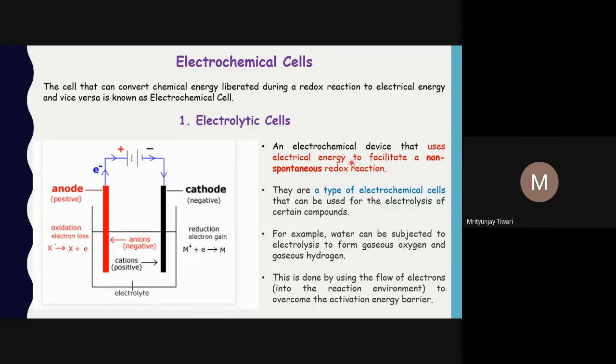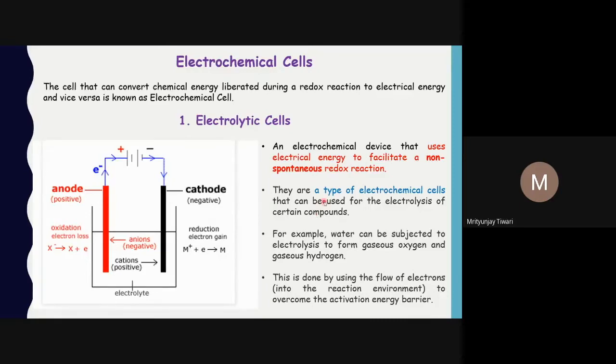Whatever the source of hydrogen, living forms either use carbohydrates in the form of food, or they use water as a source of hydrogen. So the formation of water is spontaneous, and the lysis of water to form hydrogen and oxygen gases is a non-spontaneous process.